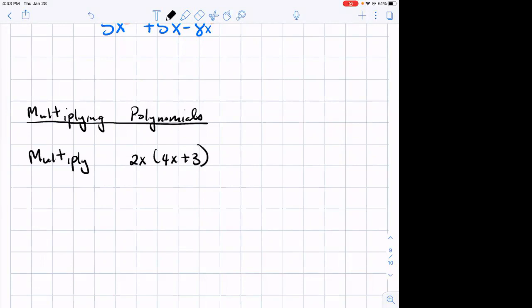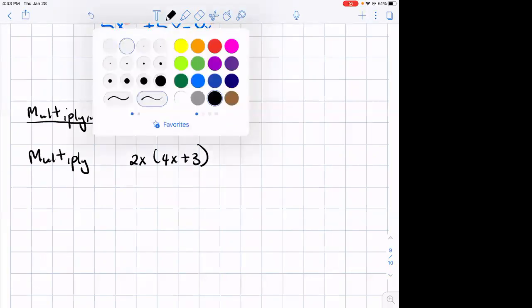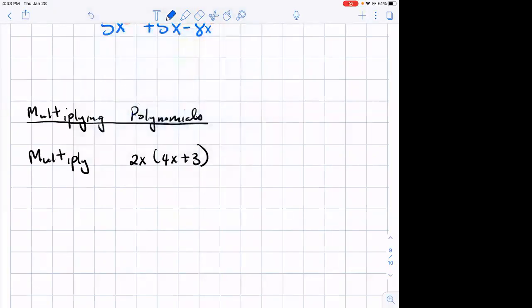If you don't recall the properties of exponents, I also have a video online on the rules of exponents. You can look at that. Now, to multiply means to distribute. So if you multiply 2 times 4, this becomes 8. But when you multiply the x with the x, it becomes x squared.